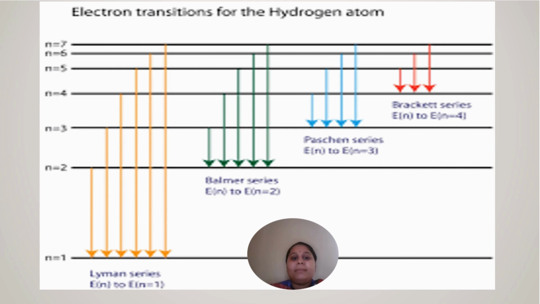This is the Balmer series, where the orbit starts from n equals 2. n equals 1 is Lyman, n equals 2 is Balmer, and for Paschen n equals 3. The starting level of the orbit is the third orbit. It continues like this up to 5. So the electron excitation starts from those orbits.